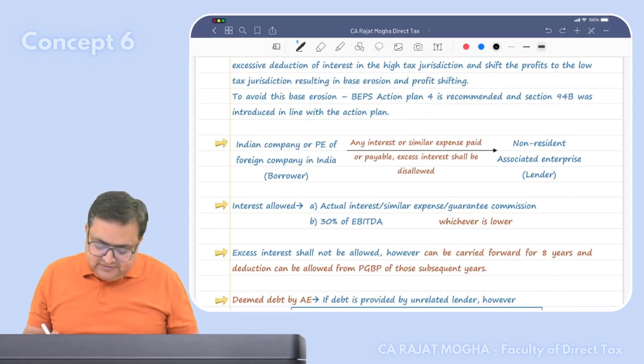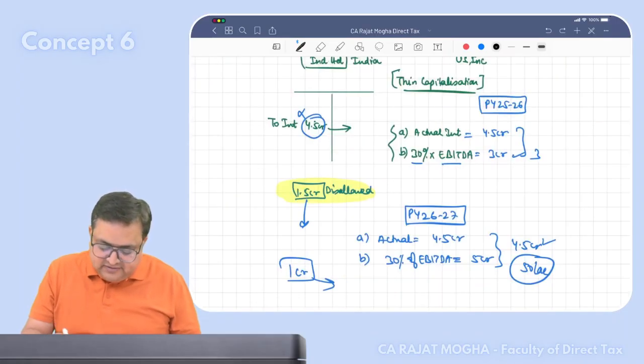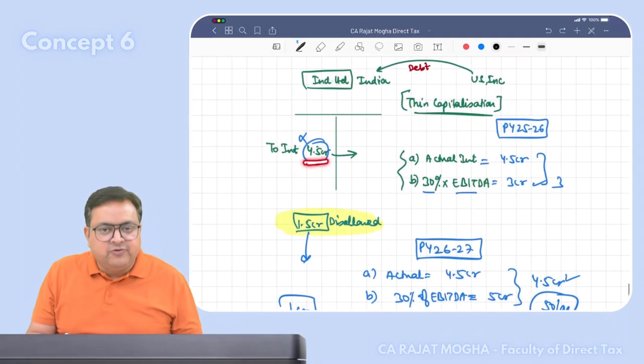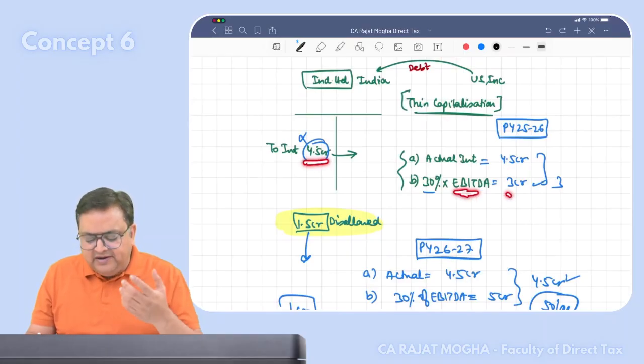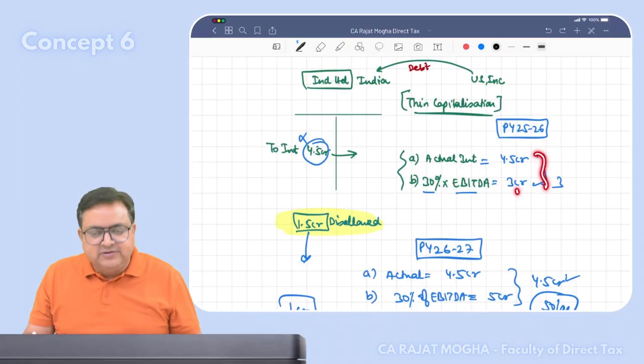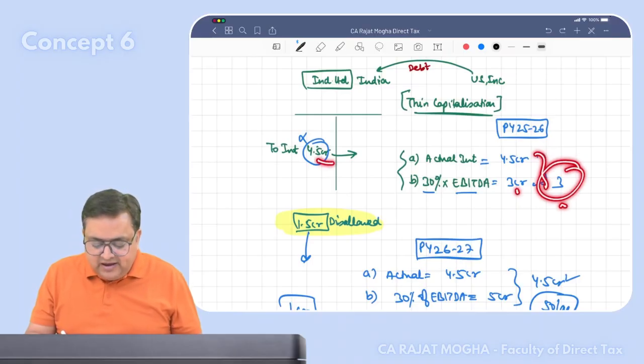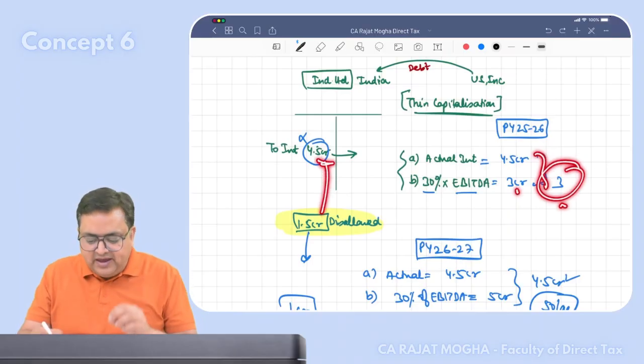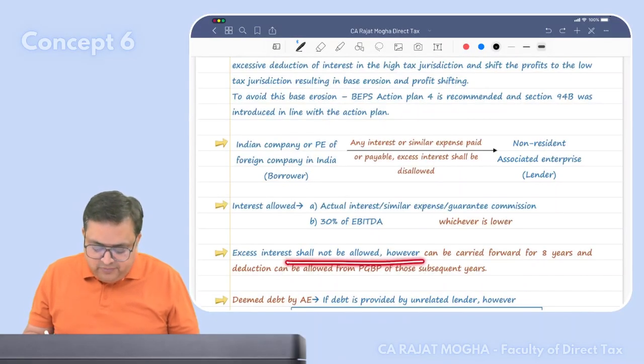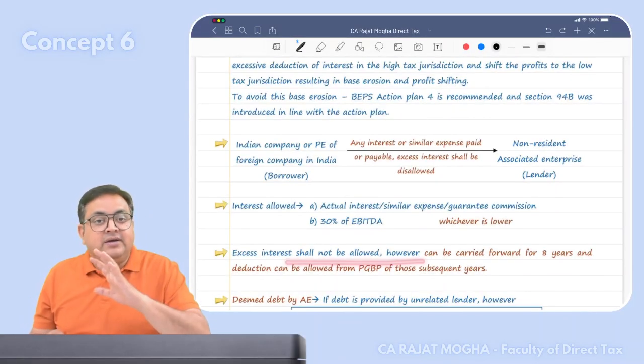So this is what is written over here. Excess interest shall not be allowed. So excess interest in the first year was how much? 4.5 crore was the actual, 30% of EBITDA was, let's say, 3 crore. So 4.5 crore or 3 crore, whichever is lower, 3 crore was allowed. Excess 1.5 crore was disallowed. But is it dead?